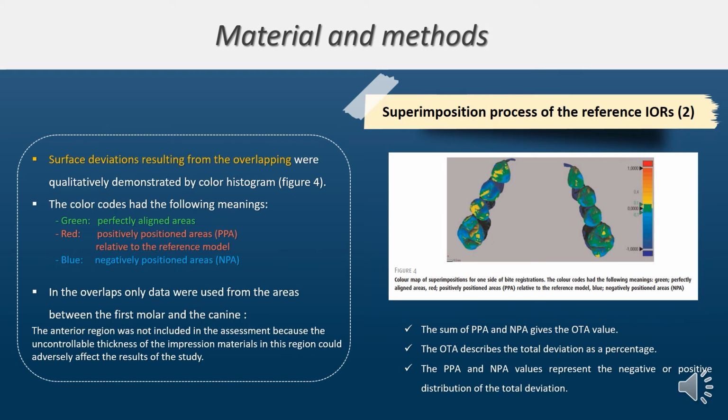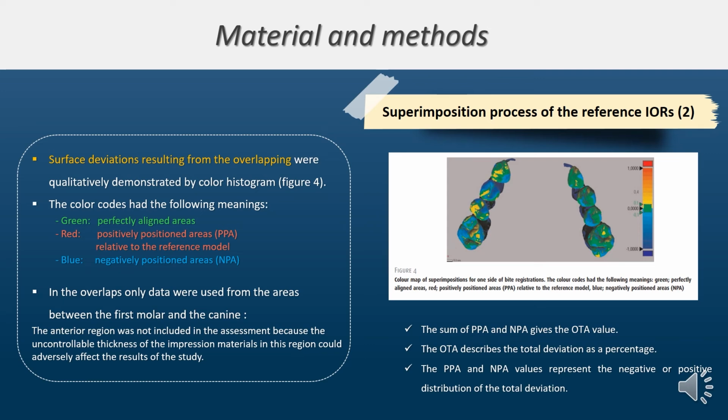Surface deviations resulting from the overlapping were qualitatively demonstrated by color histogram as shown in the figure. Perfectly aligned areas are seen as green color, and it is presented as red color for positively positioned areas and as blue color for negatively positioned areas relative to the reference model.